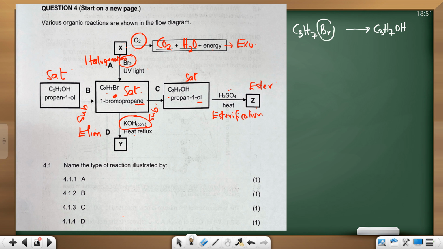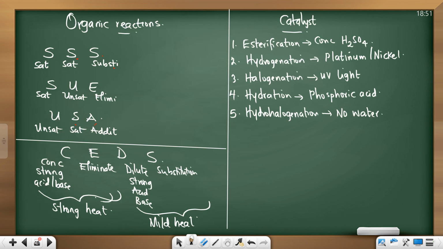Are you aware that you are removing this guy and replacing it with what? This guy. And it's a what? Come back to my conditions. When do I have a substitution reaction? When I have a dilute strong, usually use a base. A dilute strong what? Base. Give me an example of a strong base. Sodium hydroxide.